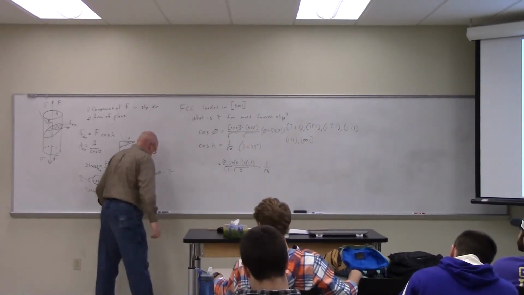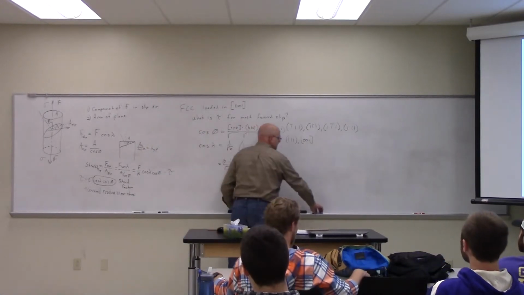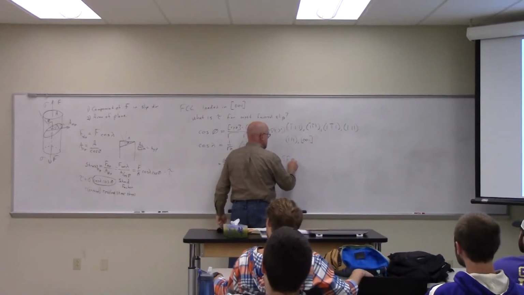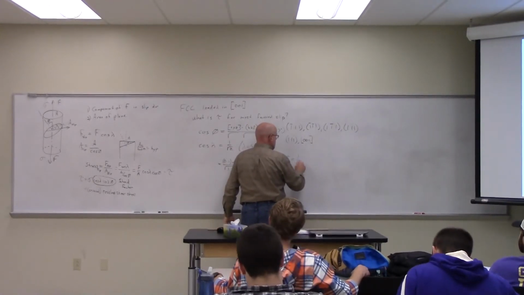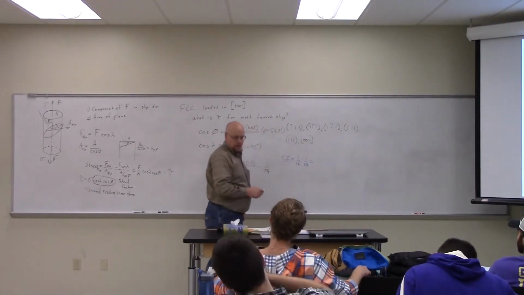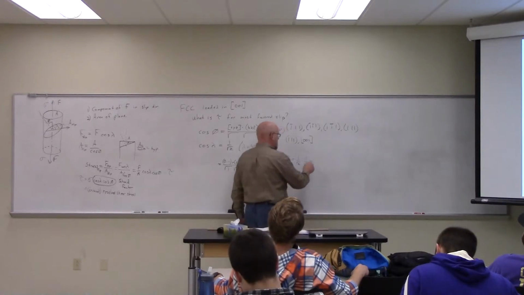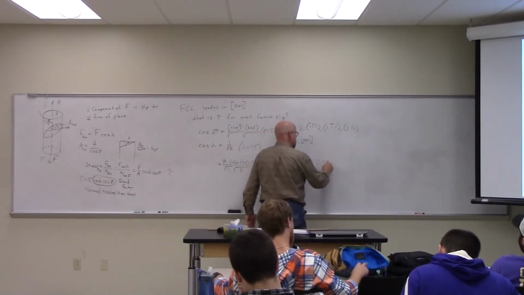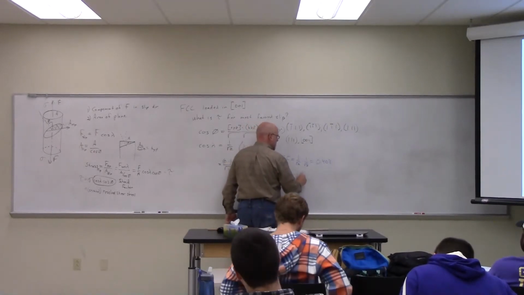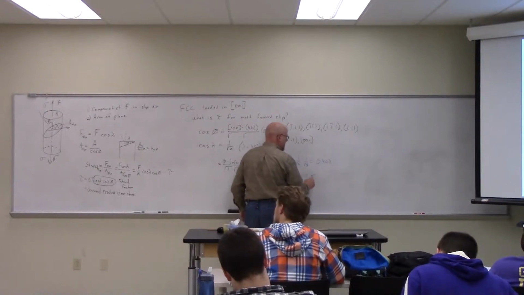And in this case, the Schmidt factor is equal to 1 over root 2 times 1 over root 3, which is 0.408. So the resolved shear stress is 0.408, or 41% of the applied stress.